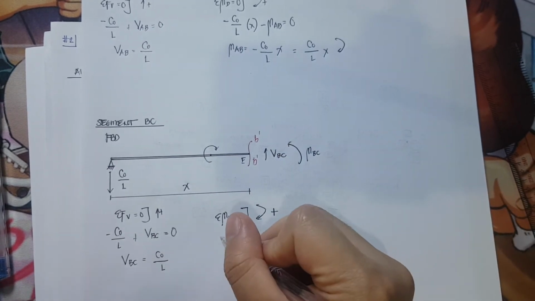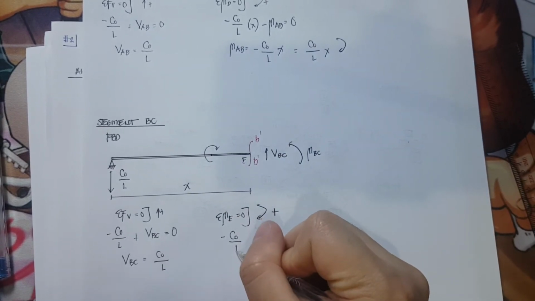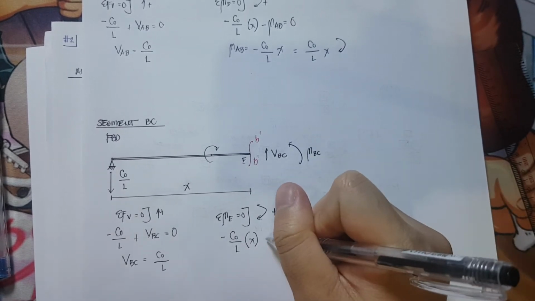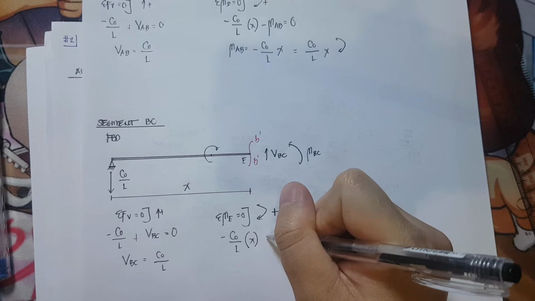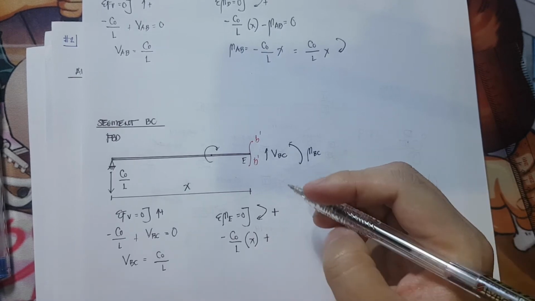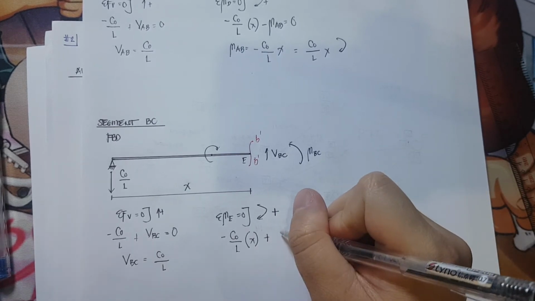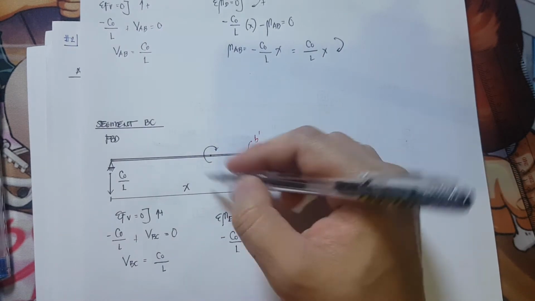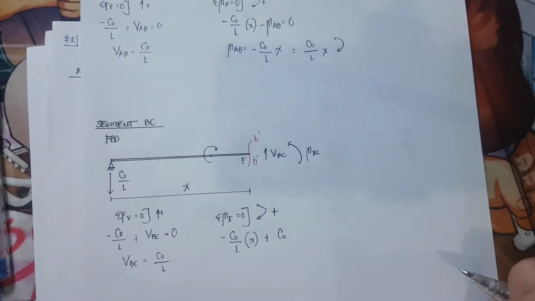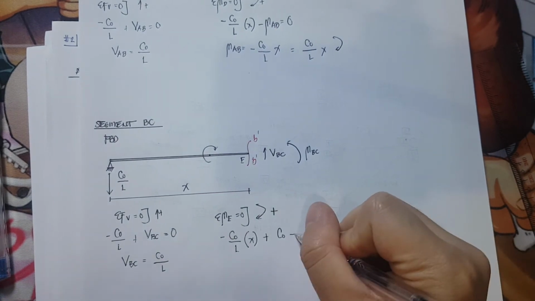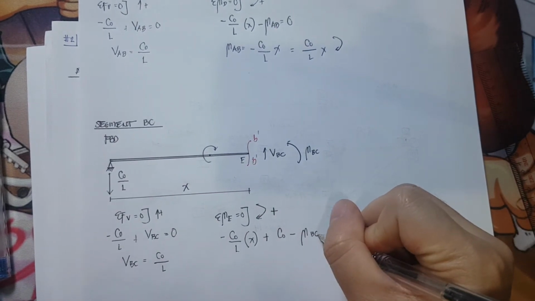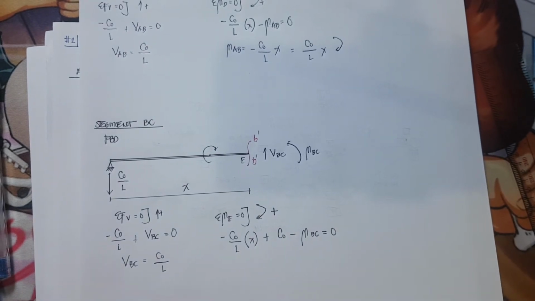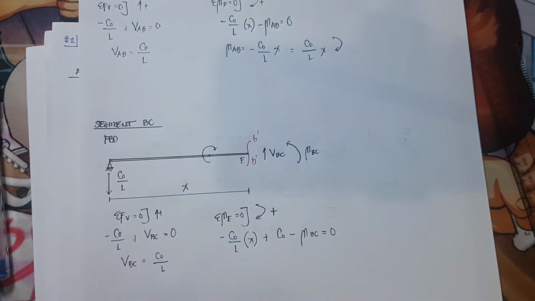So I have negative C₀ over L times a distance of x plus C₀, because it is rotating in a clockwise manner, minus MBC is equivalent to 0. Transpose this to the other side of the equation to make it positive.